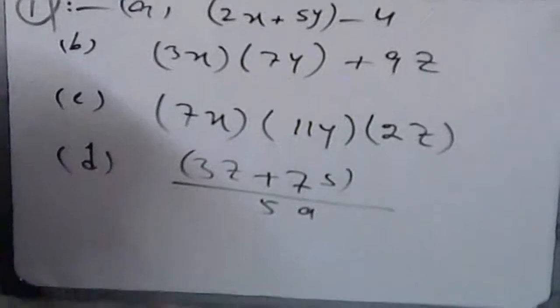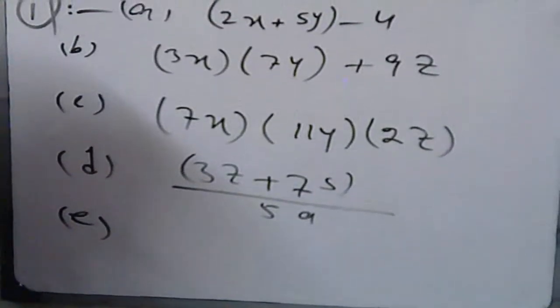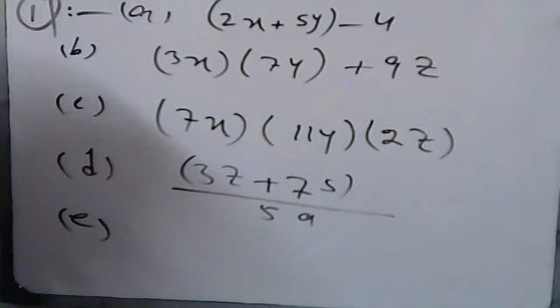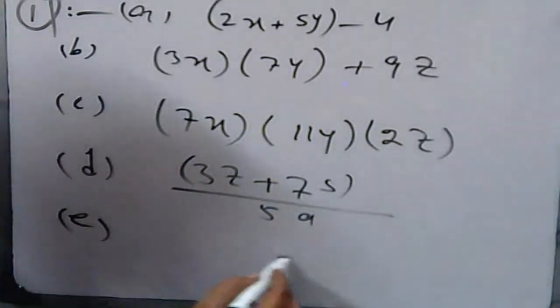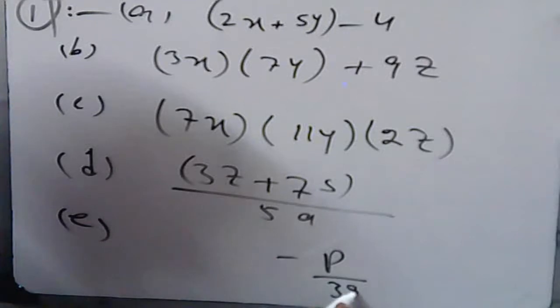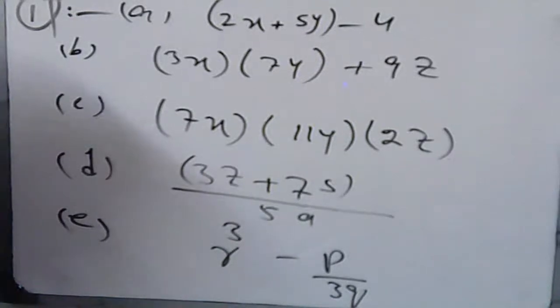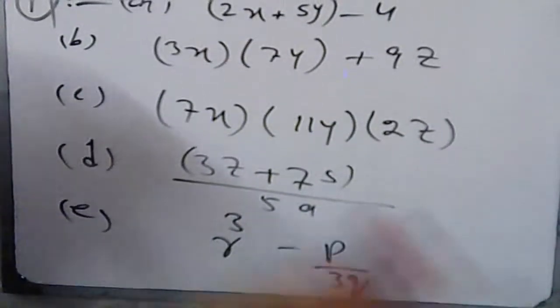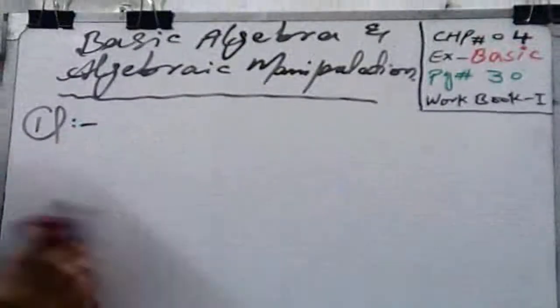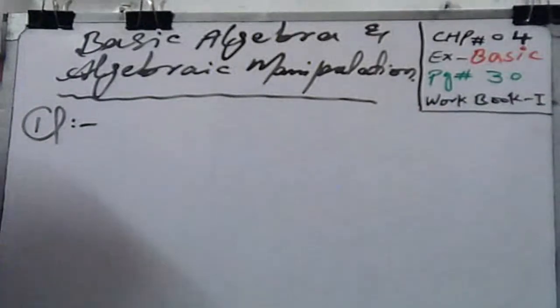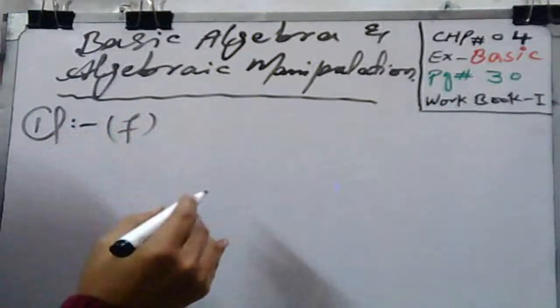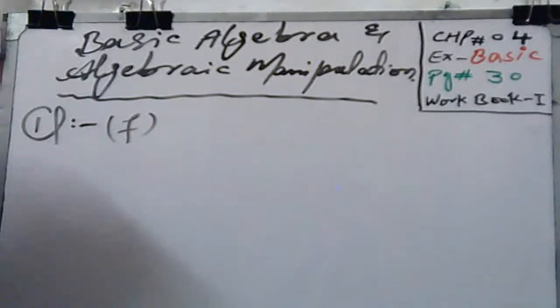Similarly, in E part, subtract the quotient of p divided by 3q from the cube of r. Similarly, in F part, thrice the value of w divided by the sum of 3x and 7y.